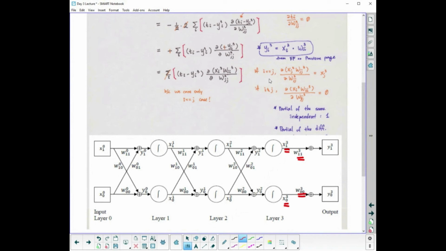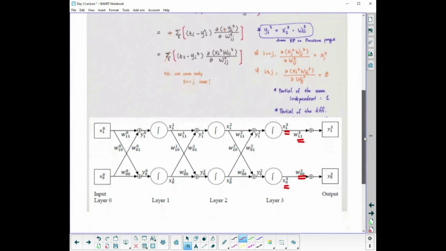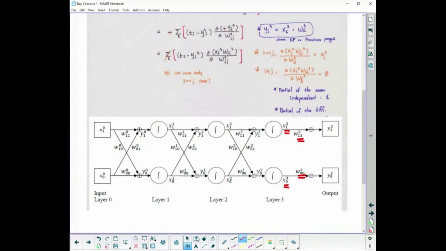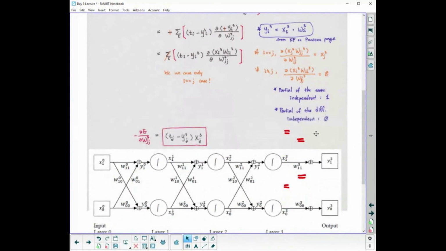Only when I is equal to J can we find the partial. If I and J are not the same, we can say the partial is 0 because they are independent. So you can simplify this one to only the J case. By using J here, you can cancel out the sigma.